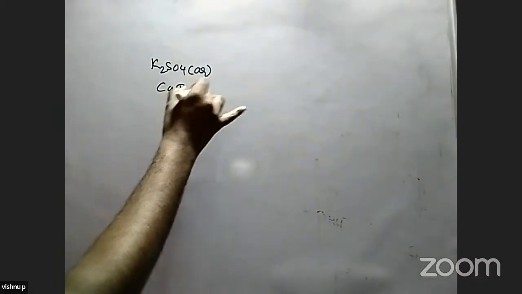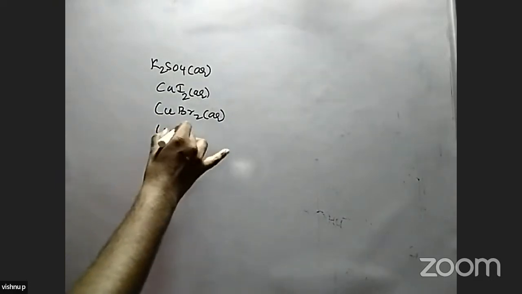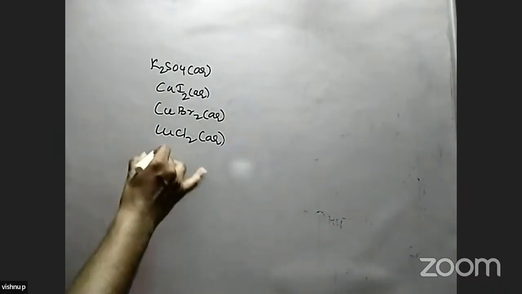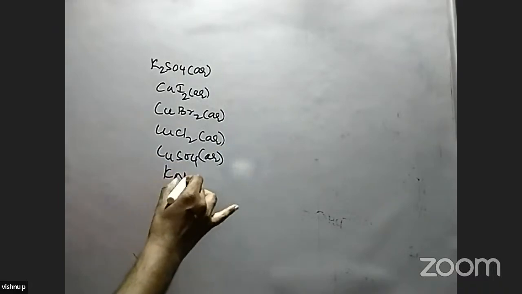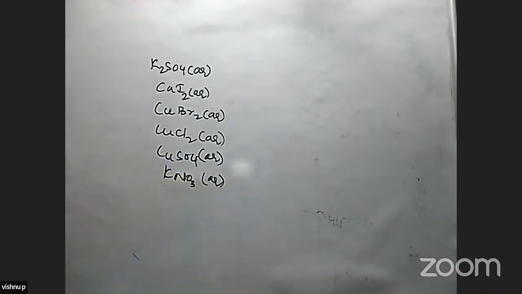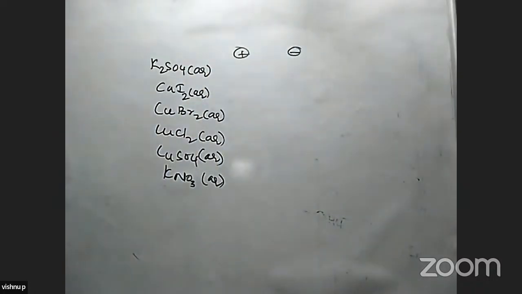If you use K2SO4 aqueous, calcium iodide aqueous, copper bromide aqueous, copper chloride aqueous, copper sulfate aqueous, and potassium nitrate aqueous, find out what cations and anions are deposited at the electrodes.